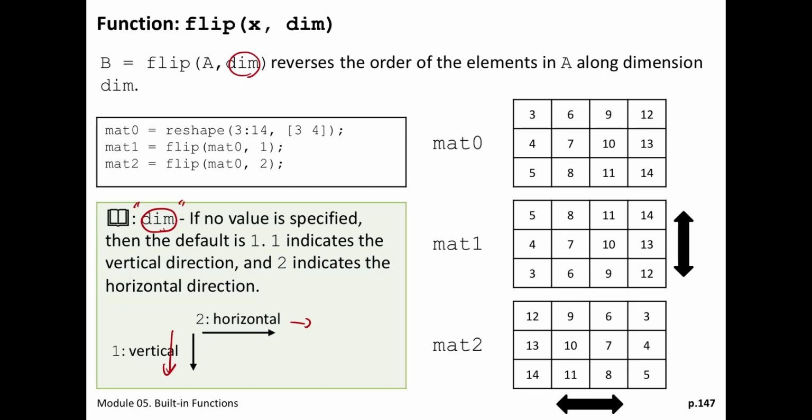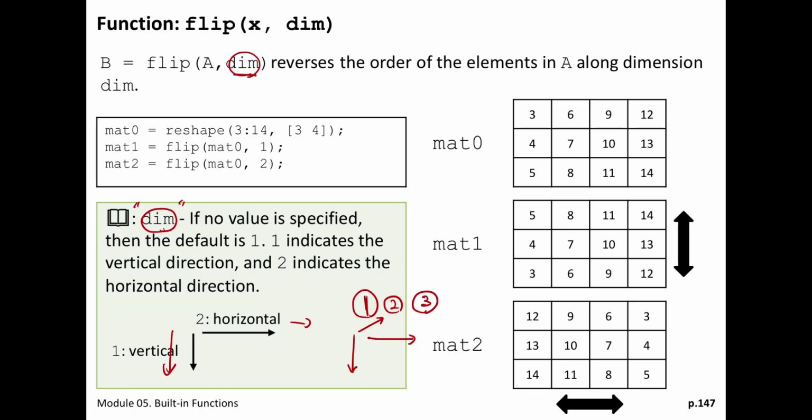When you review the MATLAB documents, if a dimension is accepted as an input argument, 1 is always the vertical direction, 2 is the horizontal direction. If the function supports it, 3 is the depth dimension.